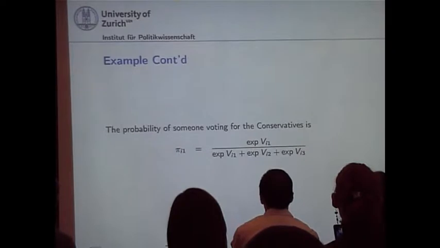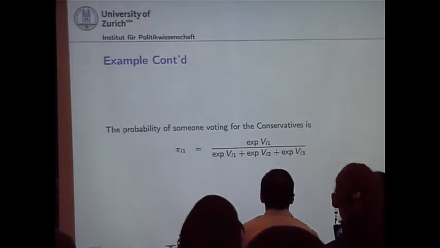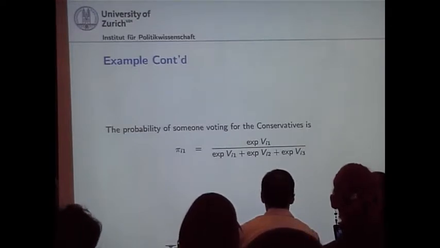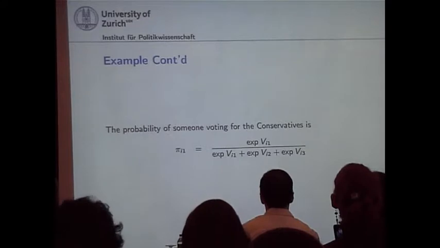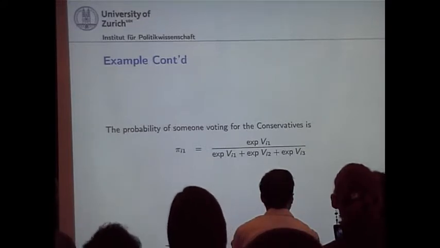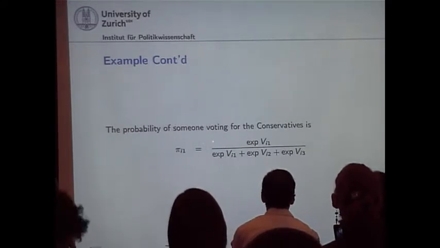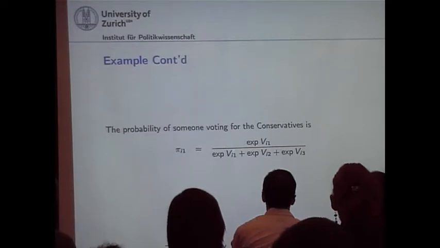We know that these choice probabilities have to add up to 1 if the parties are mutually exclusive and exhaustive of the set we're considering. So that means we only have 2 unique probabilities. We cannot estimate 3 V's. It's impossible.